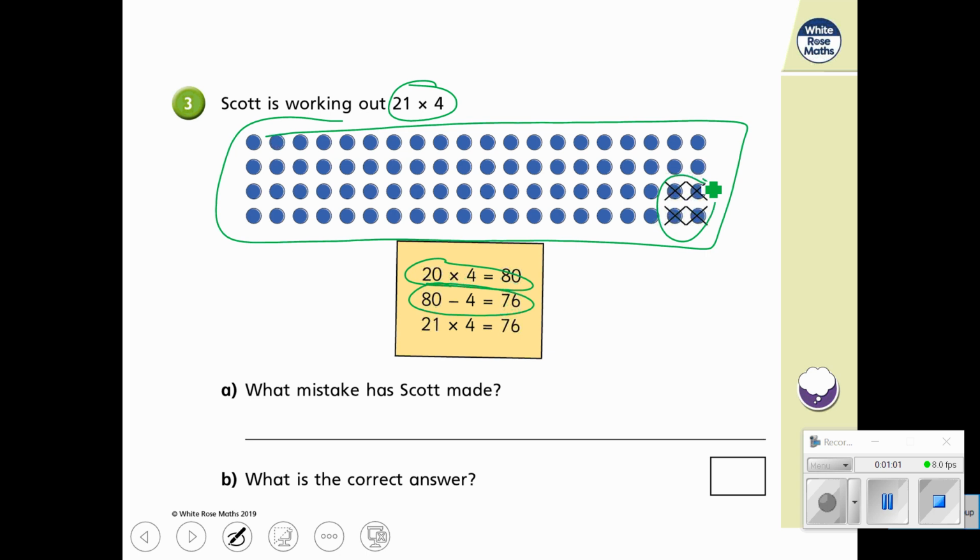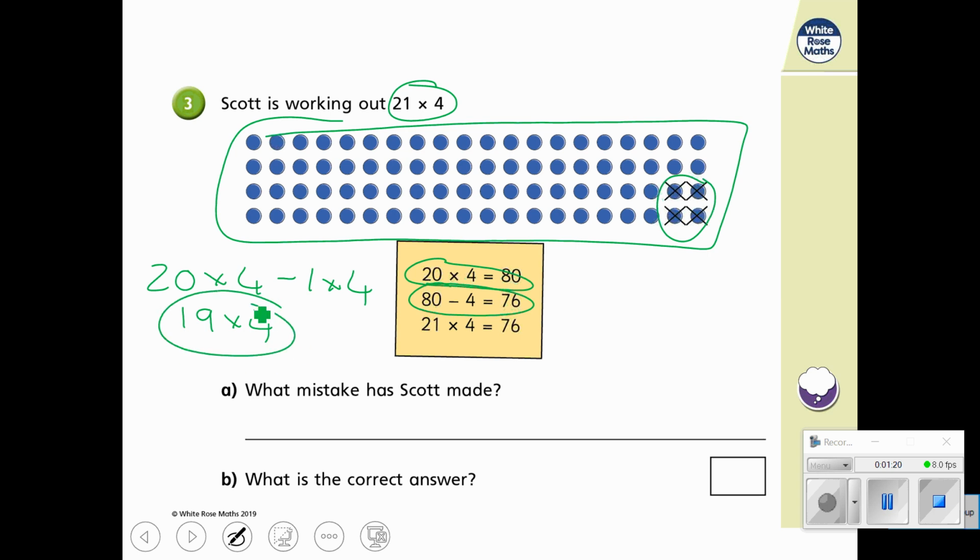Now we can see that he's made a mistake, and the question wants us to work out what mistake he's made. If you look very carefully, what Scott has done is he's actually worked out the answer to 19 times 4, because he's done 20 times 4, subtract 1 times 4.